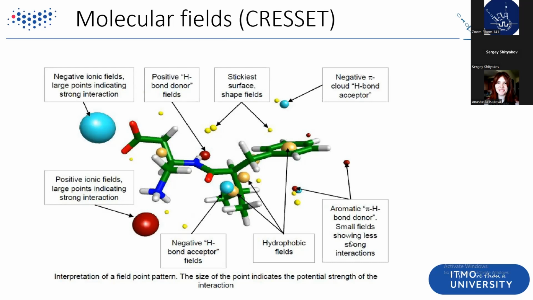Sometimes people integrate these molecular fields in quantitative structure activity relationships, like comparative molecular field analysis and comparative molecular similarity indices analysis, CoMSIA. And this is also sometimes a very powerful tool implemented in chemoinformatics algorithms.